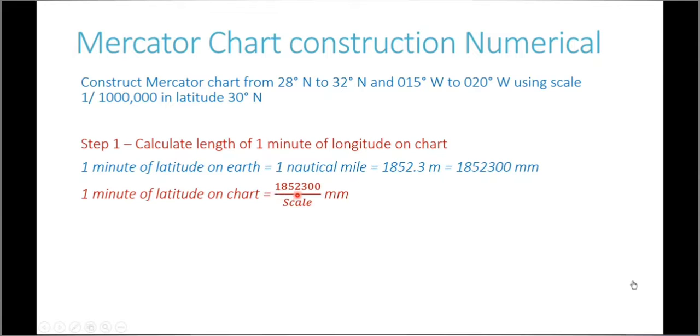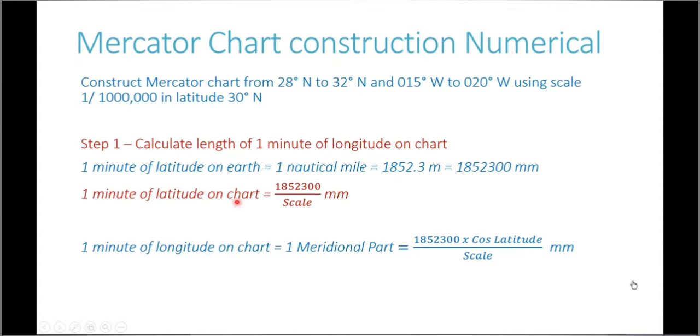So it will be 1852300 divided by the scale of the chart. Scale basically tells us the ratio of a particular distance on the Earth's surface and on the chart. So we have used the scale here. It will give us the length of 1 minute of latitude on the chart.